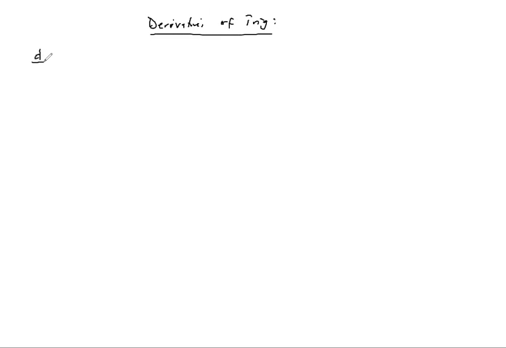So the derivative of sine x is equal to cos x. You could do this using first principle, because you've seen that for 3, it became the easy thing there. The derivative of cos x is equal to negative sine.